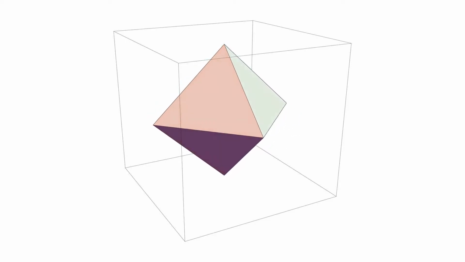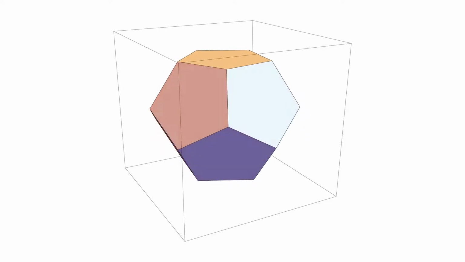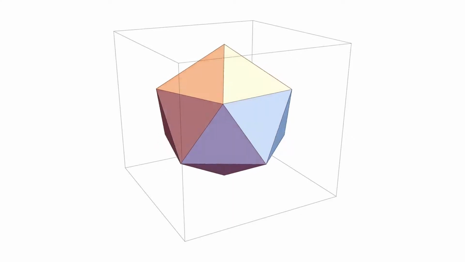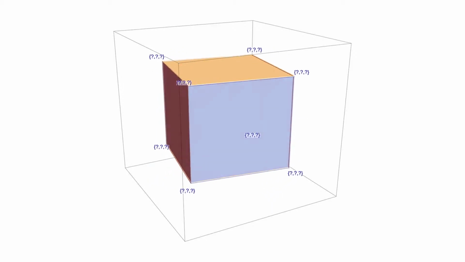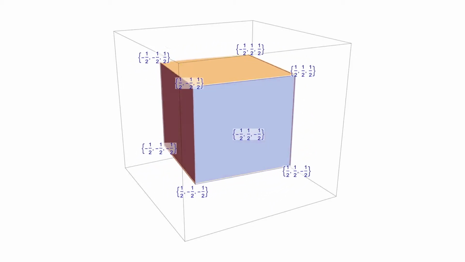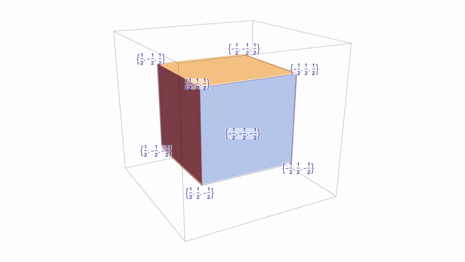In this orientation, we see that they have rotational symmetries around the z-axis, though they have symmetries around other axes as well. But what if you actually wanted to build these shapes as coordinates? The only regular solid whose coordinates are really obvious is the cube.